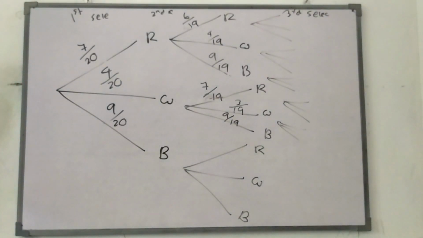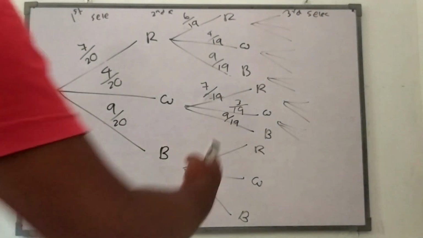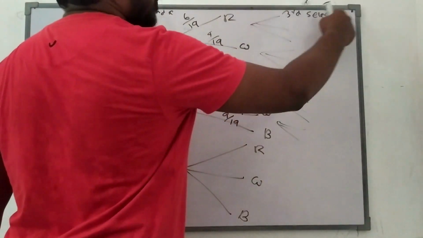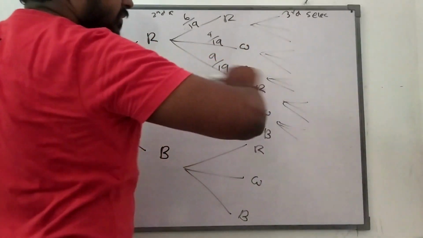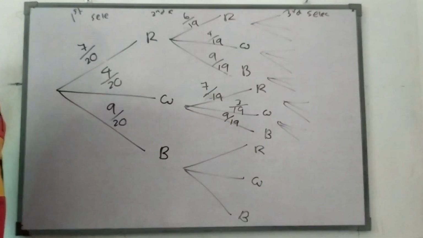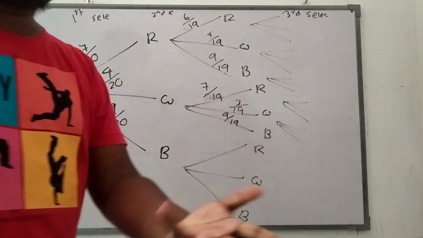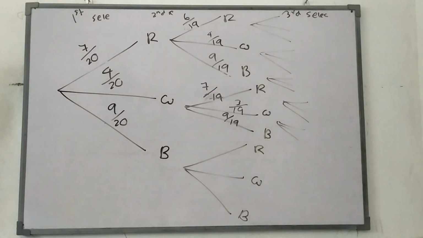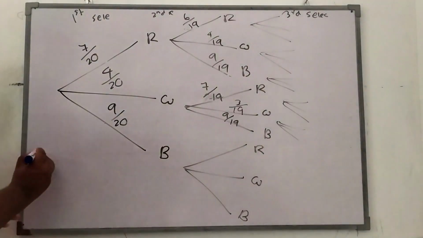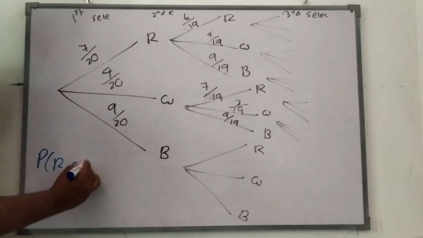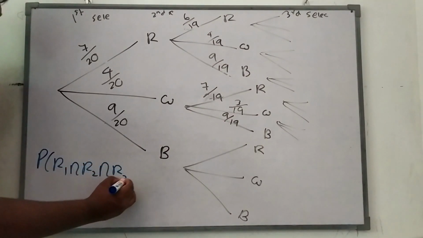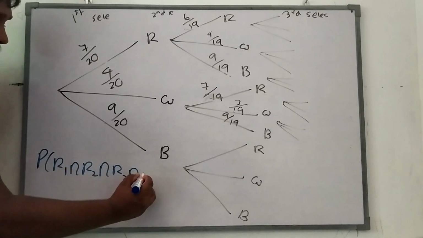So that is why we use conditional probability to represent any answer, right? If they ask to find the fourth one will be red, it's very difficult to continue the diagram. But if you use conditional probability, you just need to put the condition: first one is red, second one is red, third one red, fourth one red.